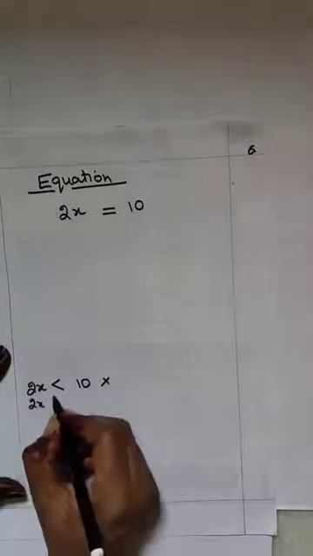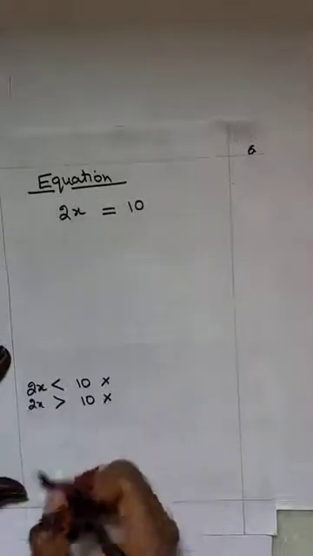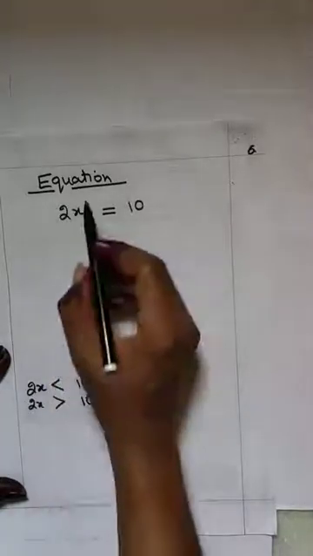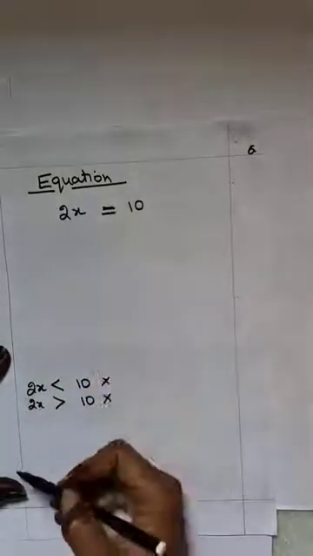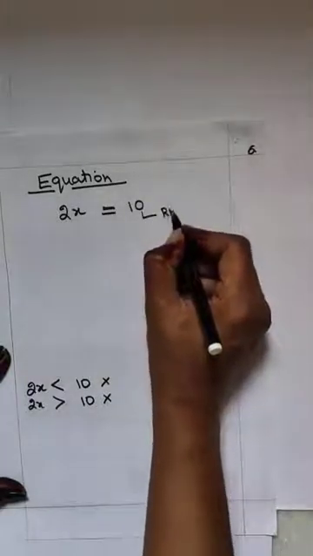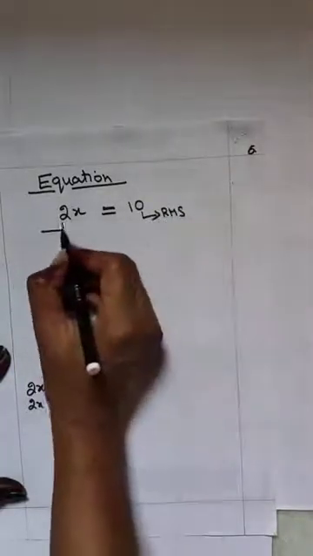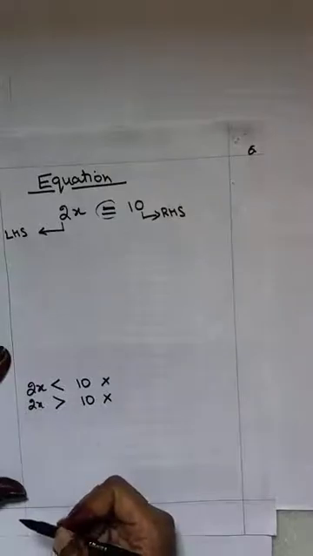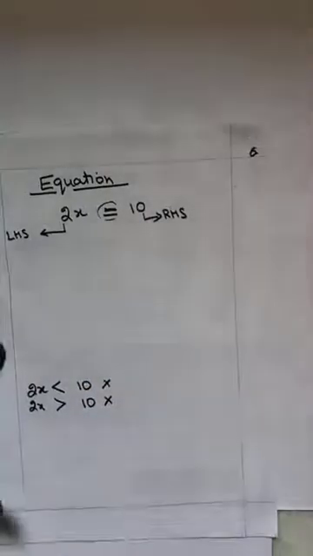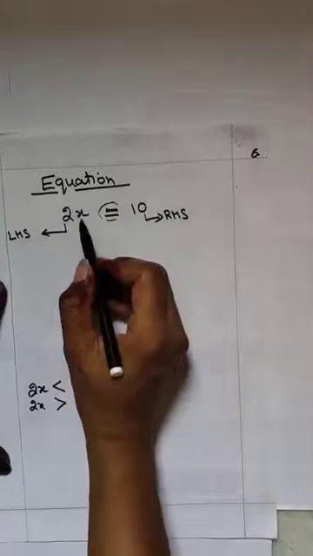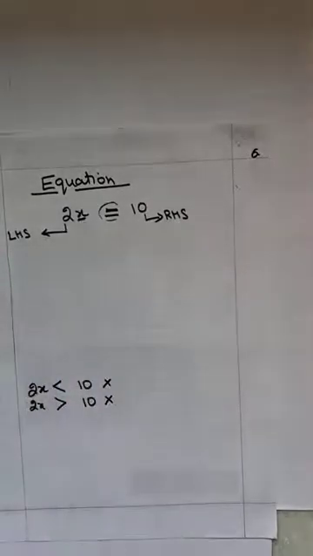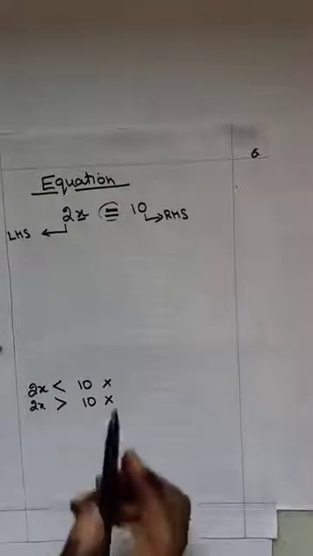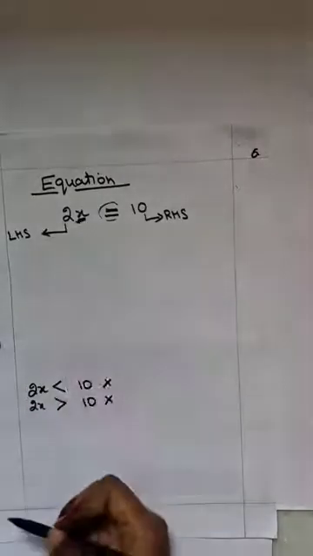If it is 2x greater than 10, this is also not an example of an equation. For an equation, there must be an equal sign between the LHS and the RHS. We can solve any equation only when we find the value of the variable, that is x here. Solution of the equation means the value of this x.